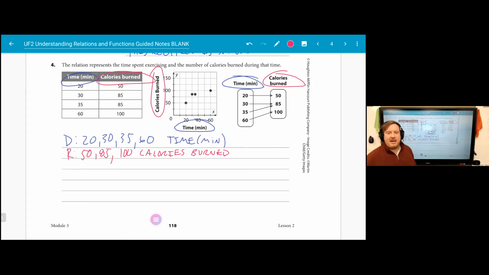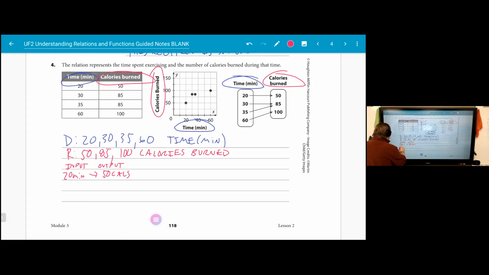So we found the domain and range, and we put them into context. Let's do that whole input-output thing again. If I input 20 minutes, I output 50 calories.